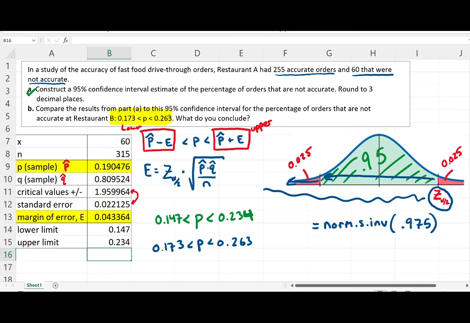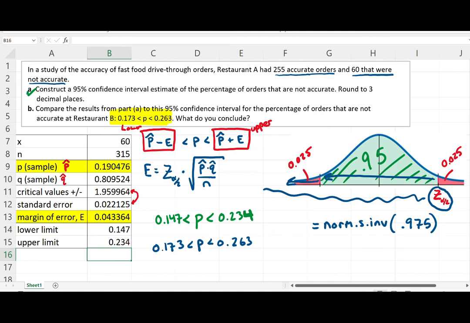You could say restaurant A has a higher percentage of orders that are not accurate. Restaurant B has a higher percentage of orders that are not accurate. Or you could say there's no significant difference between the accuracy of the two restaurants. And that's the case in this problem. There's no significant difference because these two confidence intervals overlap each other.